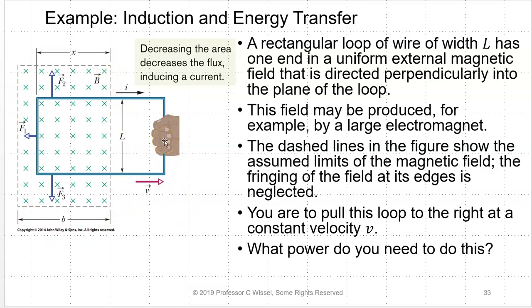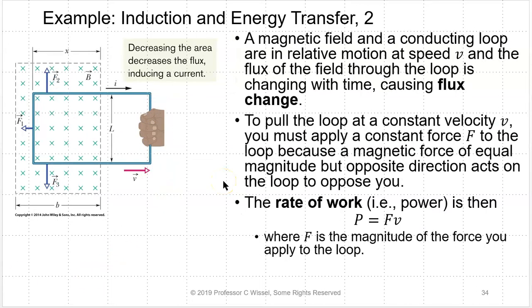You have to pull this loop to the right at a constant velocity v. How much power do you need for this? Well, the magnetic field and conducting loop are in relative motion at speed v, and the flux of the field through the loop is changing with time as this gets pulled out. This causes a flux decrease, otherwise known as a flux change.